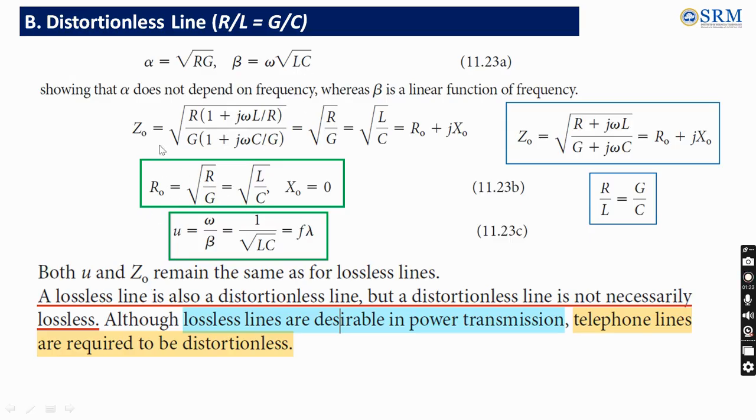A lossless line can be a distortionless line, but a distortionless line cannot necessarily be a lossless one. This is a very important point to note. A lossless line, as I said, is helpful in power transmission, but distortionless lines we can use for telephone lines.